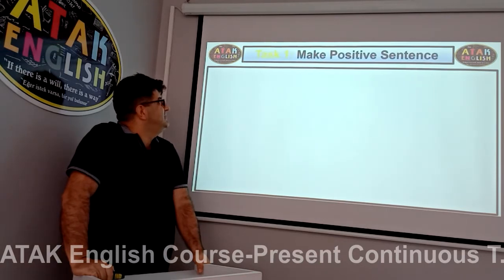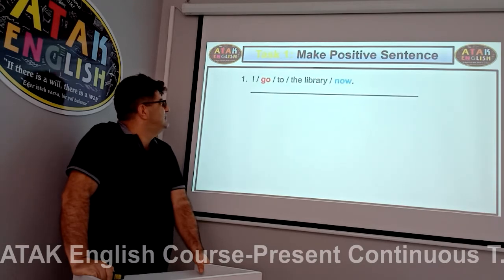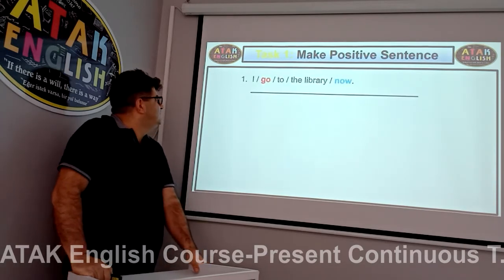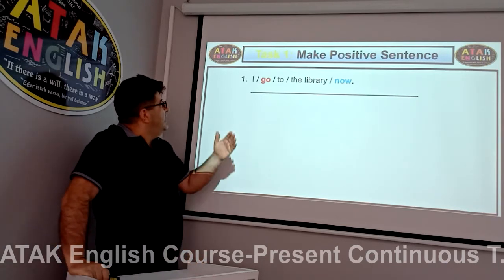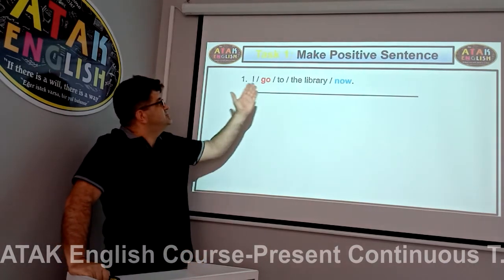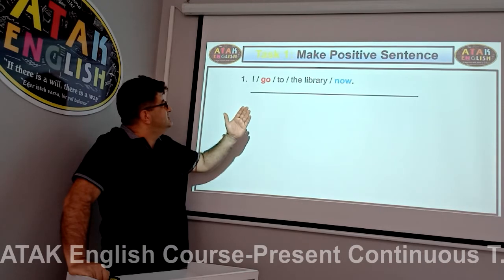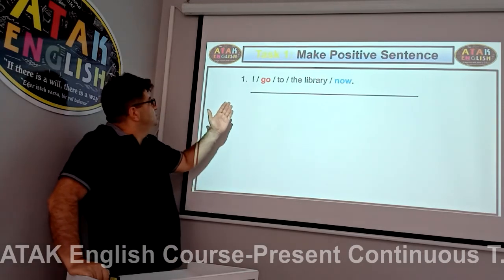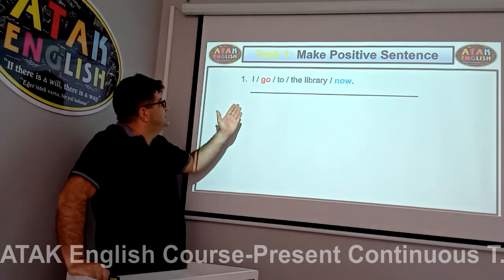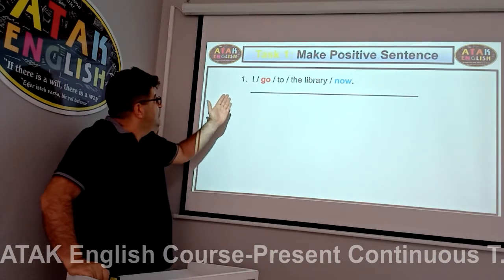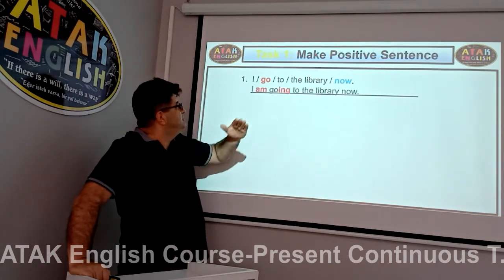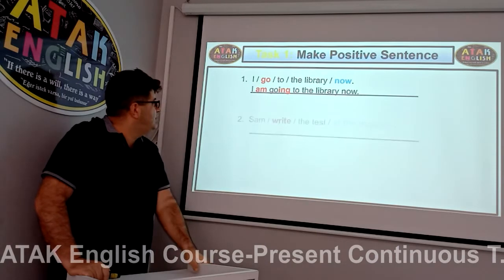Okay, let's make some practice as usual. Make positive sentences. There comes the example. We're going to do it in the positive form, using present continuous. I am going to the library now.